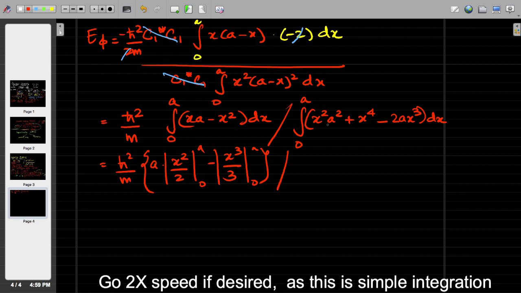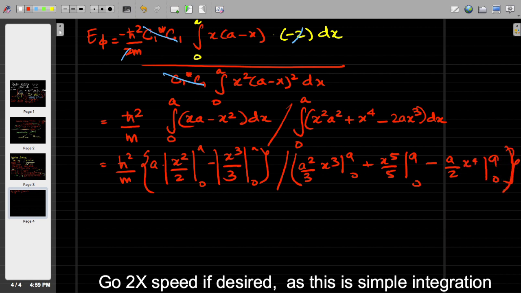divided by, this integral is going to be a square by 3 x cube within the limits a and 0 plus x power 5 by 5 minus a by 2 x4 a to 0. Right?